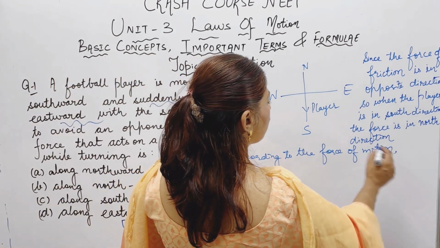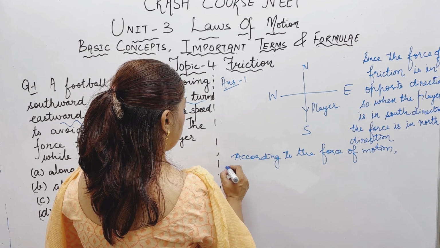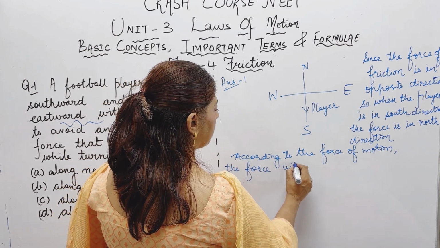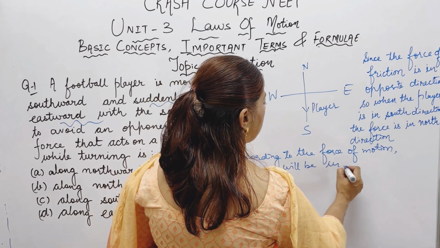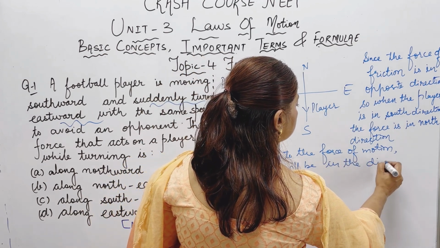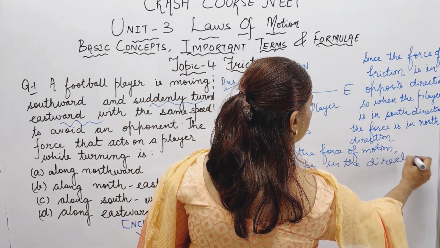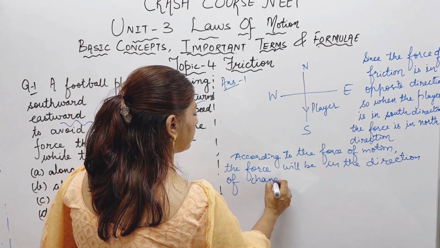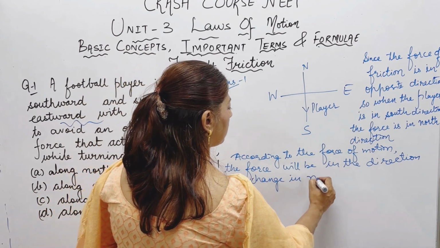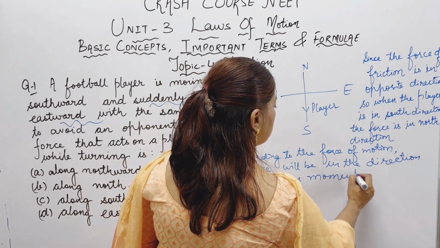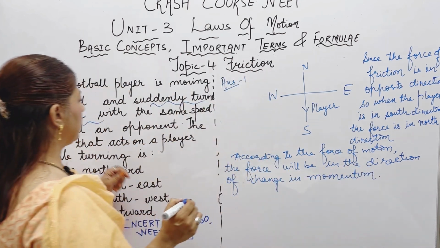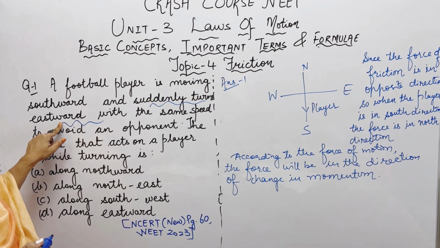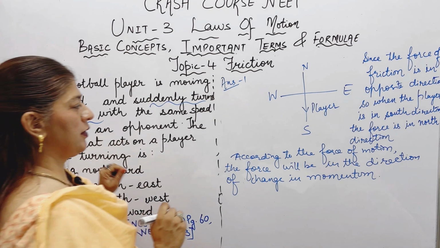So according to the force of motion, the force will be in the direction of change in momentum. Since it has moved towards east, the change in momentum is also in the east direction.